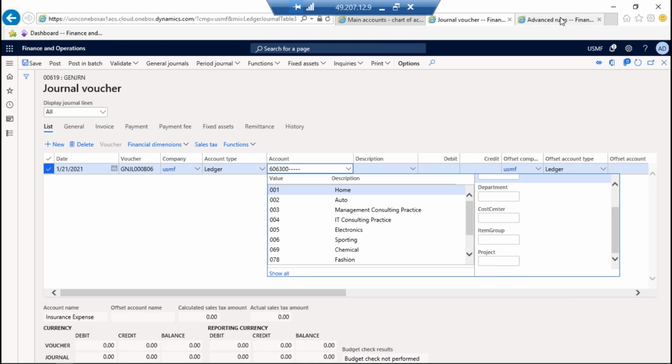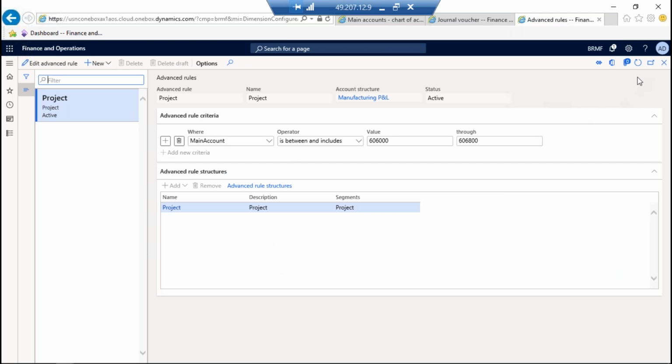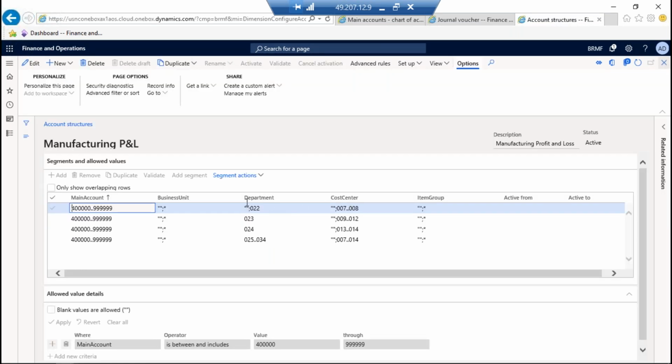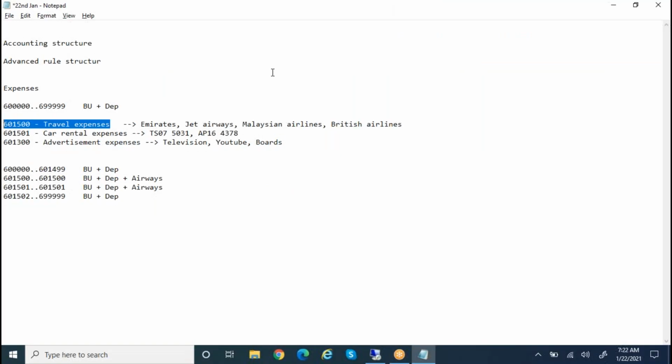So that is the advanced rule structure. So in the accounting structure, how many dimensions can be added here? 10 dimensions. 10 financial dimensions can be included.